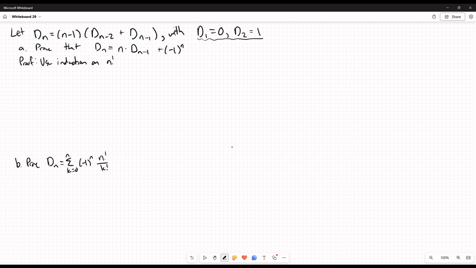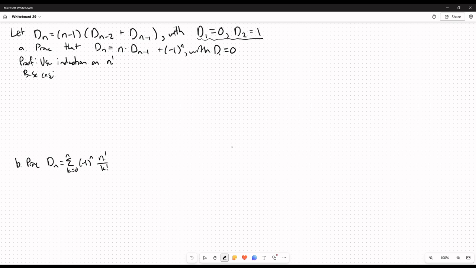So for this one, our base case is basically going to be to show that the d(2) that we kind of had to assume back here also satisfies this equation without just straight up assuming it.